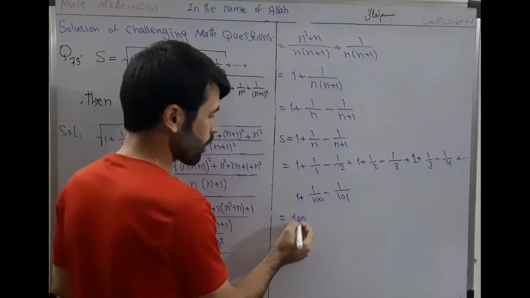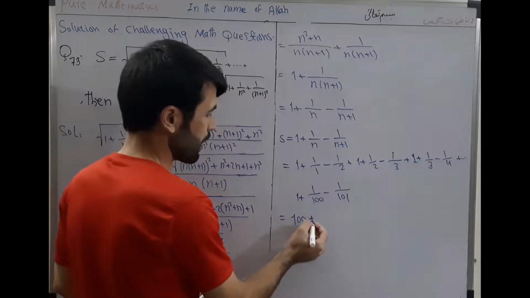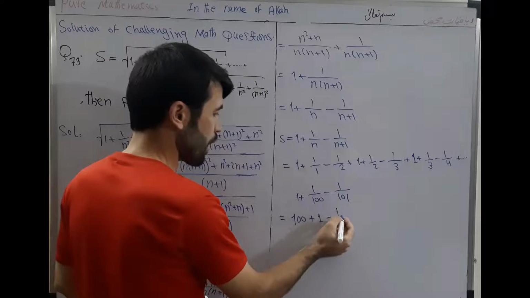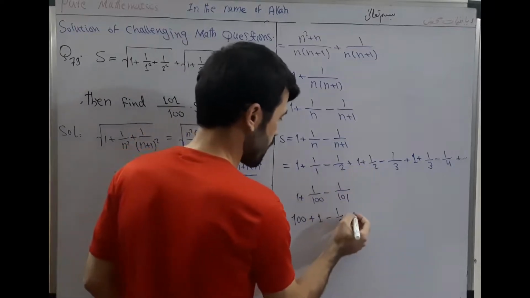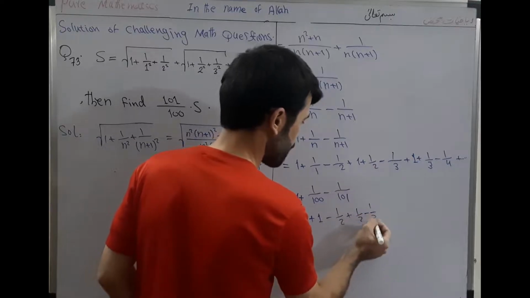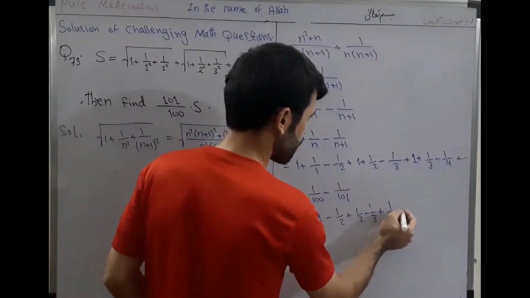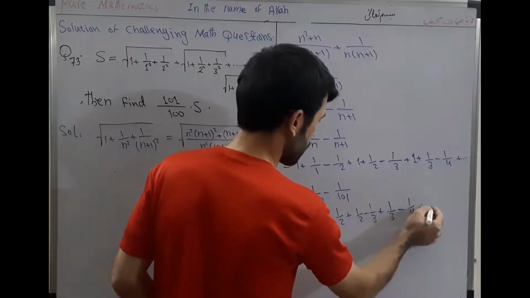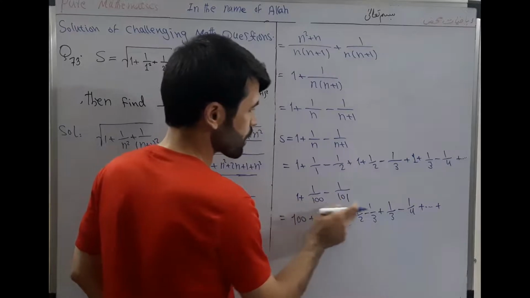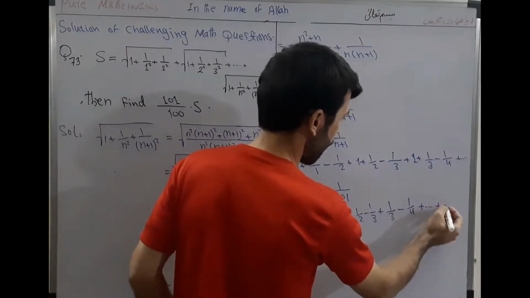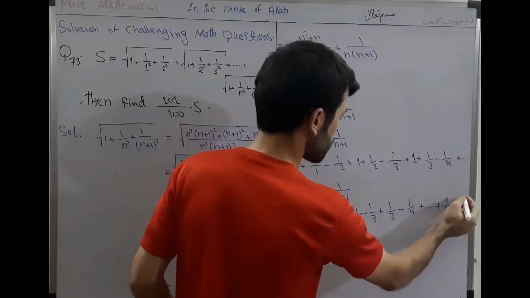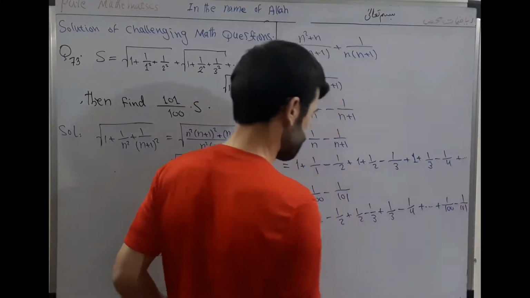Then we can write 100 plus 1 minus 1 over 2 plus 1 over 2 minus 1 over 3 plus 1 over 3 minus 1 over 4 plus and so on, plus 1 over 100 minus 1 over 101.